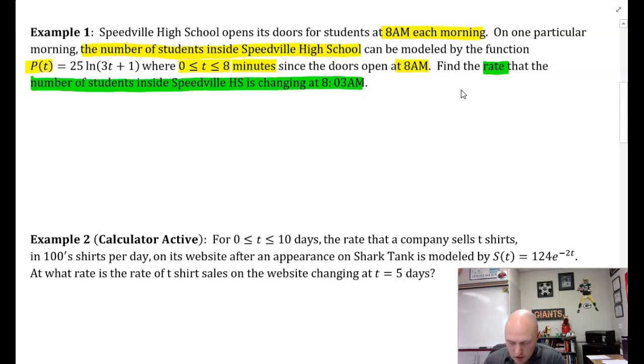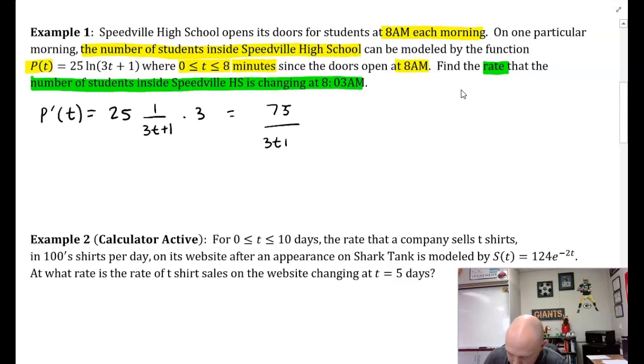Alright, so looking at this, they give us P, and that's the number of students inside Speedville High School. Well, if I want the rate that it is changing, that is P prime of t. So what we're going to go ahead and do is take the derivative. So 25 times the derivative of the natural log of 3t plus 1 times the derivative of the inside, which I can go ahead and clean up to be 75 divided by 3t plus 1.